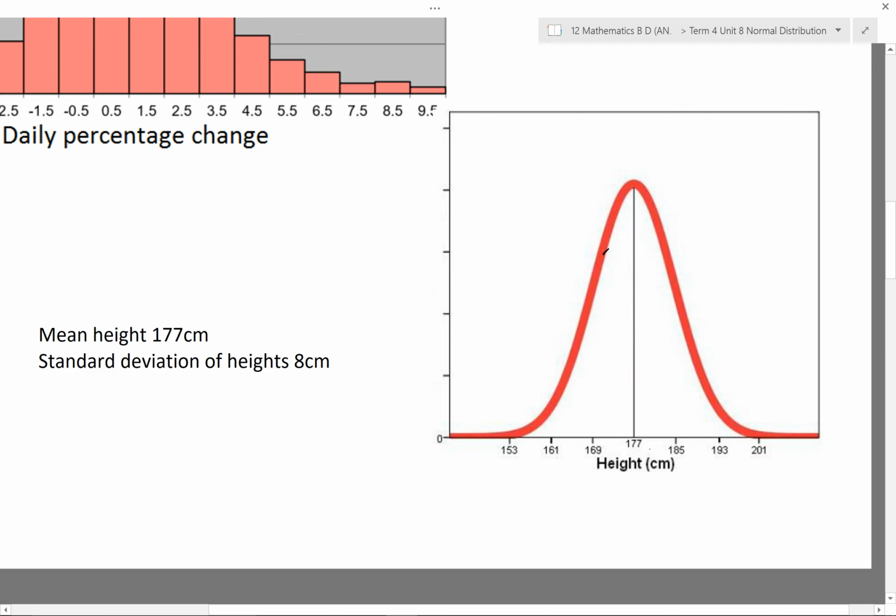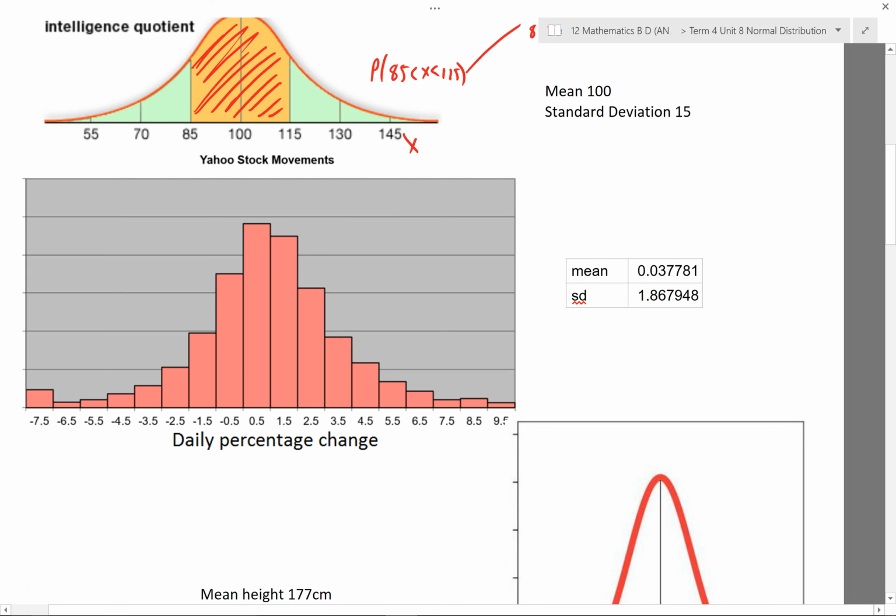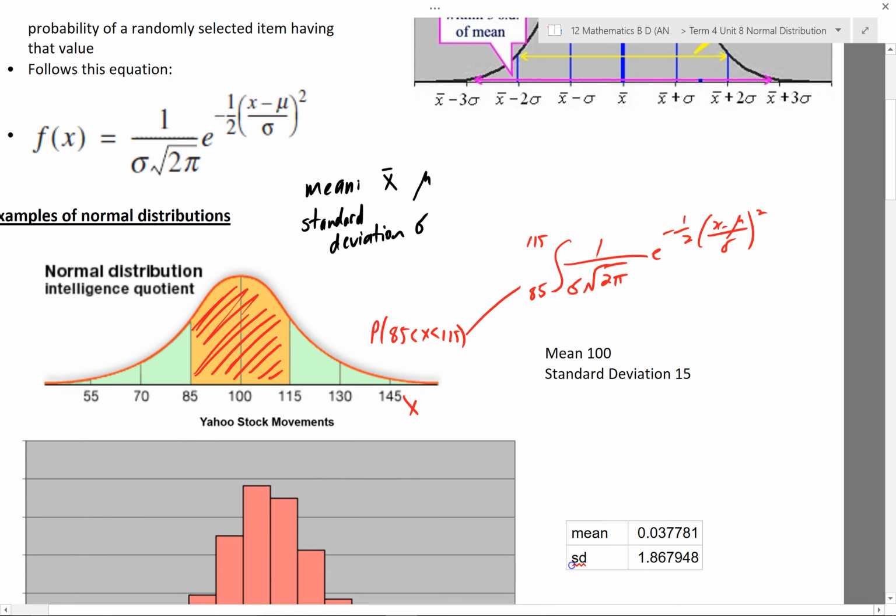Let's have a look at doing some calculations. Just thinking about these three different distributions, they're not standard normal distributions, they're just normal distributions. If I want to calculate probabilities for these three, I'd have to substitute the mean and standard deviation into this formula, and it'd be different every time.